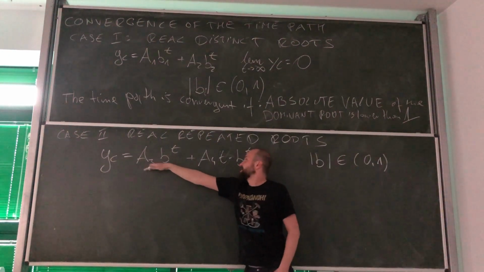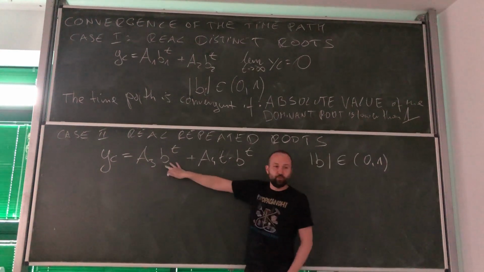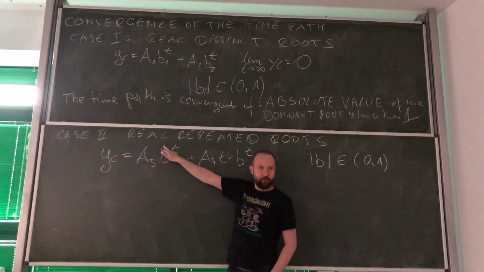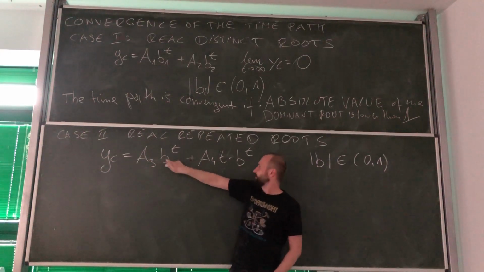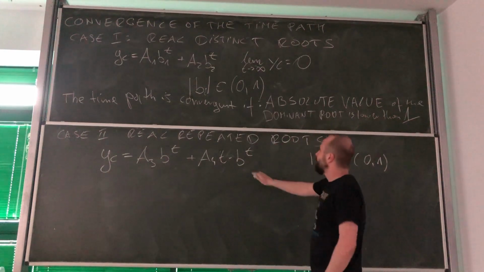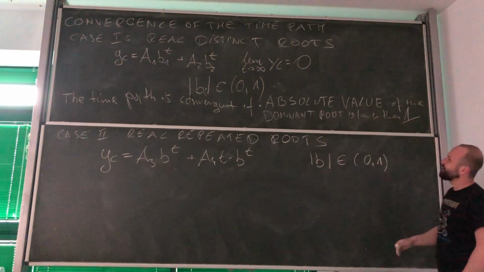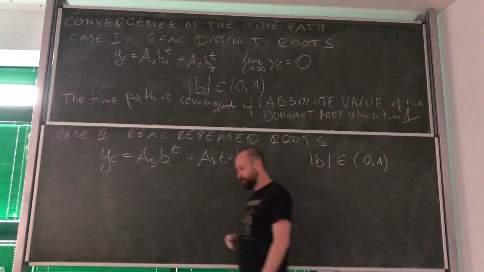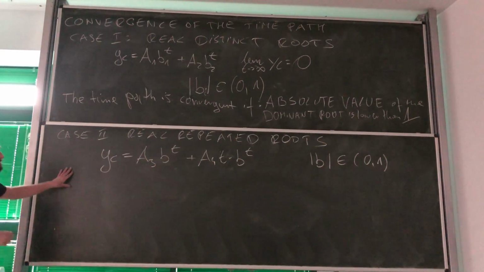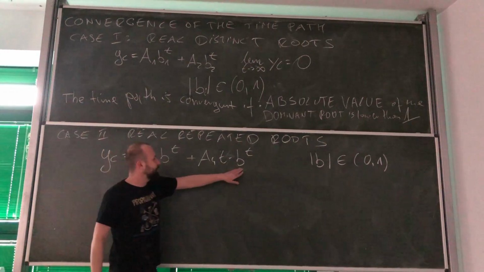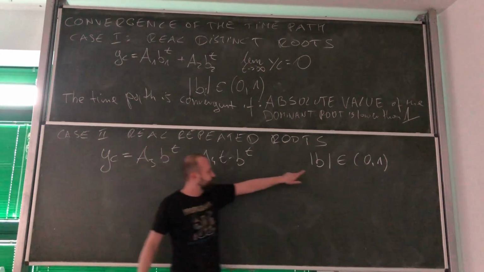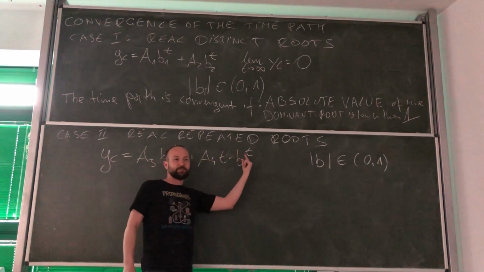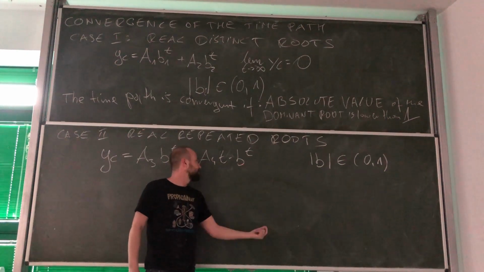This expression will definitely die out if the absolute value of b is between 0 and 1, right? Now, however, the second expression here is the more problematic. This is the case that we also had with differential equations, because on one hand, b to the power of t, assuming the absolute value of b is between 0 and 1, will be getting smaller and smaller in absolute value.